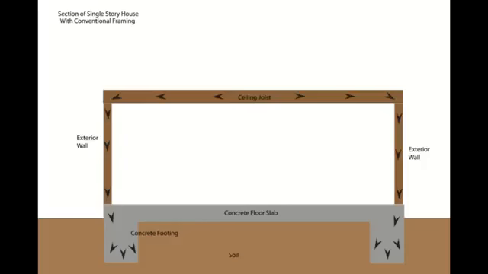And you can see here how the weight gets transferred to the sides through the exterior walls and down into the building foundation. I'm sure there's an easier way that I could draw this, but bear with me. I hope this makes sense. This is basically how the weight gets transferred through a building and down to the building foundation.